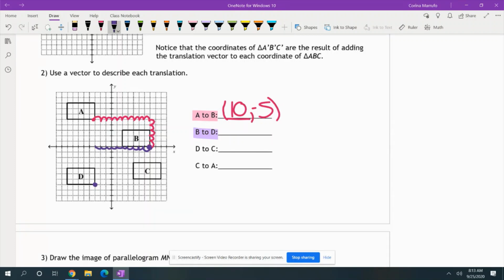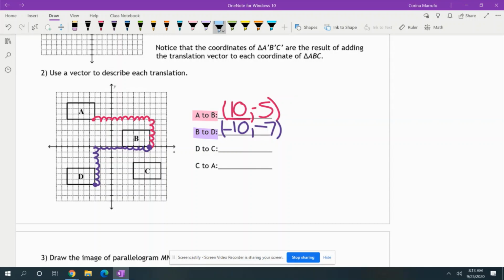So it's 10 units to the left, so it's going to be negative 10, comma. Now we're going to count how many units down: 1, 2, 3, 4, 5, 6, and 7. 7 units down, so it's also going to be negative, specifically negative 7.